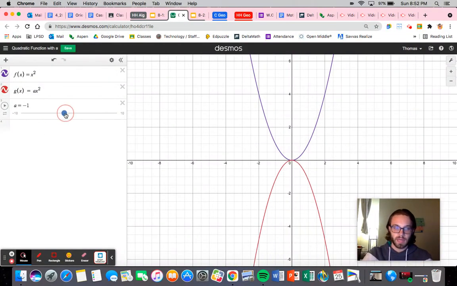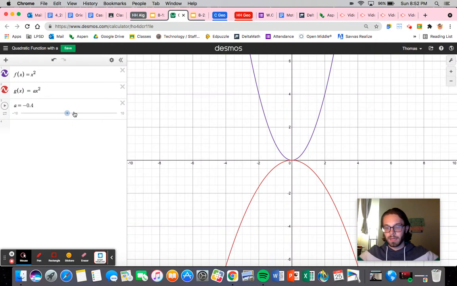And when it's between -1 and 0, it's going to be very wide, right? So we're still going to have that same thing where if it's between 0 and -1, it is going to be vertically compressed, and if it is less than -1, it's going to be vertically stretched, right? It's getting closer and closer to the y-axis. All right.